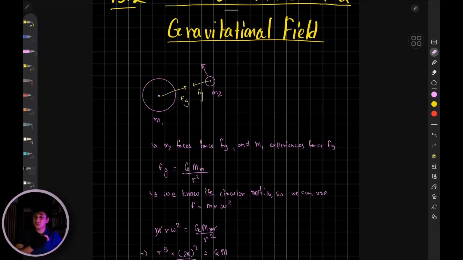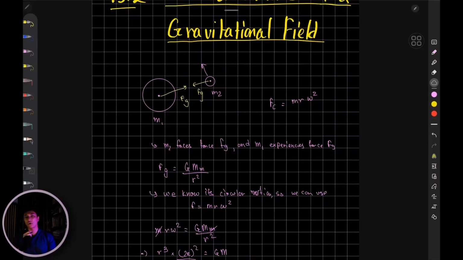Therefore, the gravitational force is actually providing the centripetal force. Now, we know the formula for what centripetal force is. That is, we know Fc, centripetal force, is equal to m r omega squared. So we know the formula for Fc, that is centripetal force.